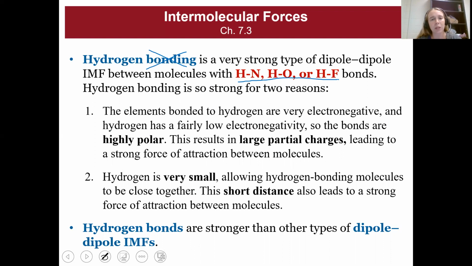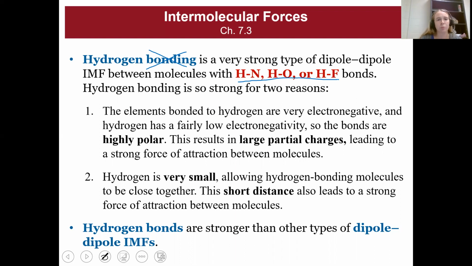Those are the only ones we consider hydrogen bonding molecules. Anything that contains an HN bond, an HO bond, or an HF bond can have hydrogen bonding. Anything that doesn't can't have hydrogen bonding. Not significant for us to call it hydrogen bonding, at least.